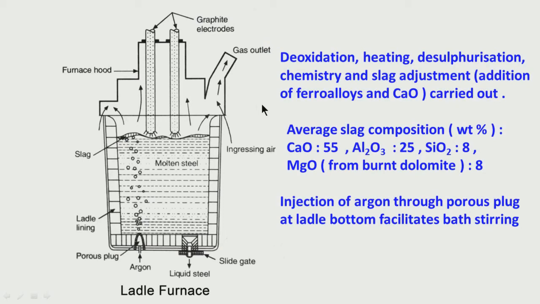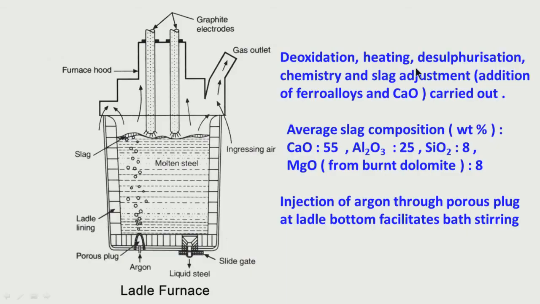Maybe you have to adjust manganese, maybe silicon, maybe other elements, whatever are the requirements in the particular grade. Maybe you have to adjust the carbon, and a small amount of coke addition may be necessary for getting the desired carbon level. So, all these additions are possible in ladle furnace.